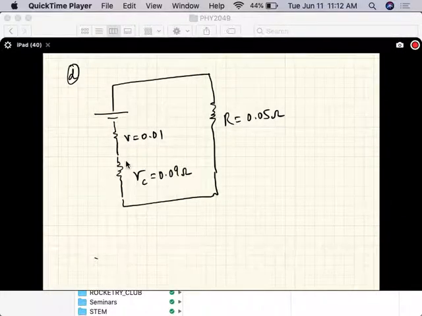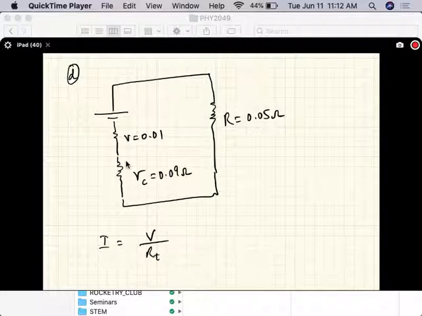And now the current in the circuit is voltage divided by the total resistance, 12 volts divided by 0.01 plus 0.09 plus 0.05.